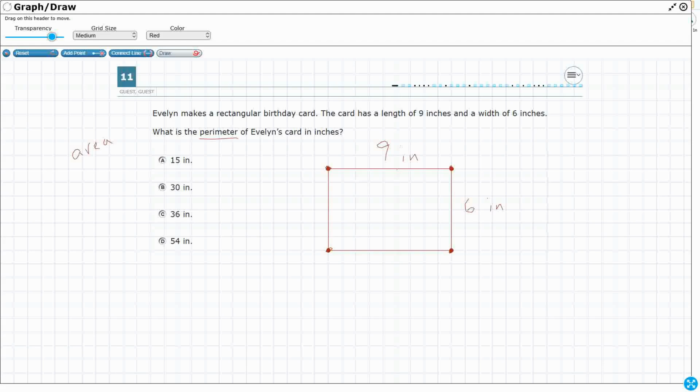Okay? So the perimeter is the outside. And so when I'm thinking of perimeter, I always think of this word rim that lives in the middle of perimeter. I think of a basketball hoop, right? So if you have a basketball hoop, and you're trying to shoot it in the hoop, sometimes we'll call the hoop the rim.